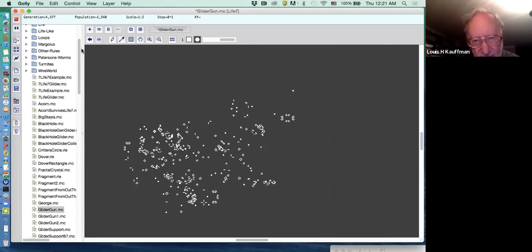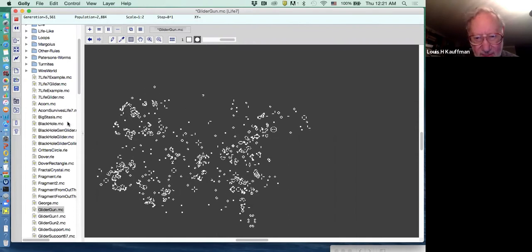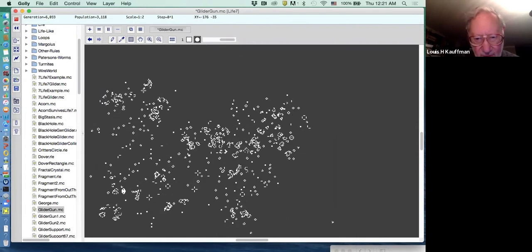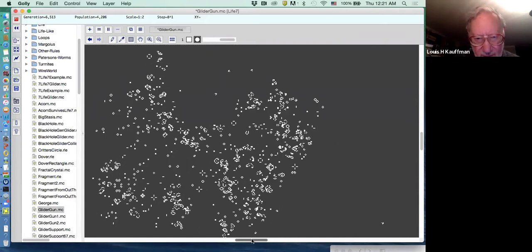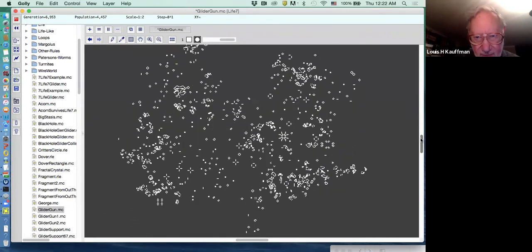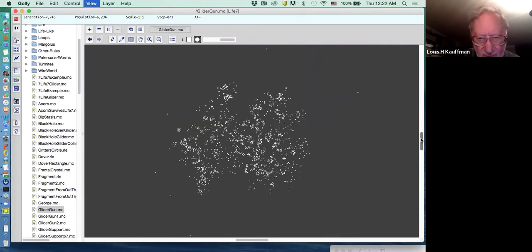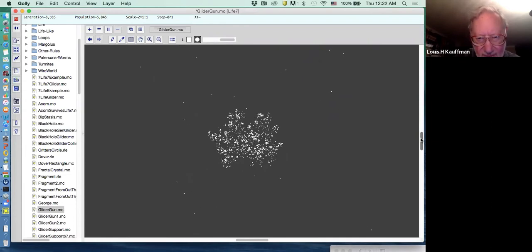This sometimes will fall to just static configurations and oscillators, but very often it behaves just like this experiment and continues to remain active throughout, perhaps forever, although it would be hard to prove that it has the forever property.